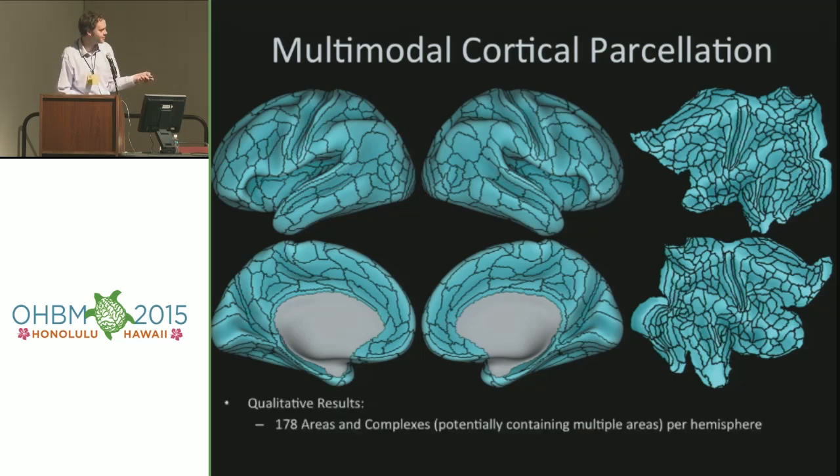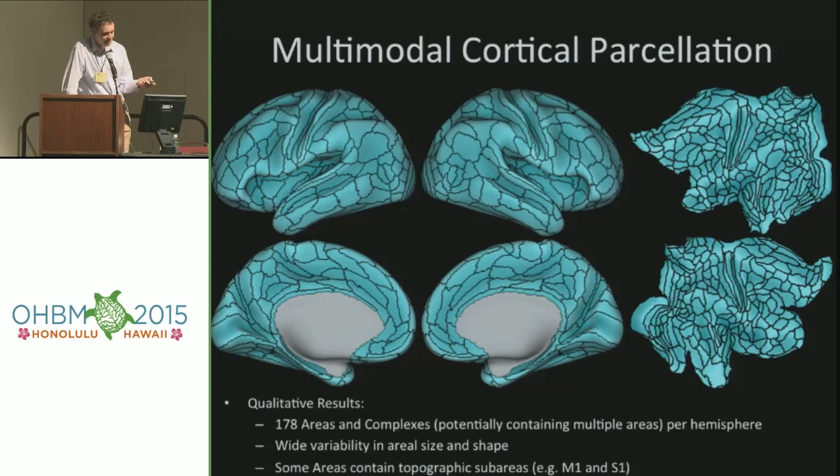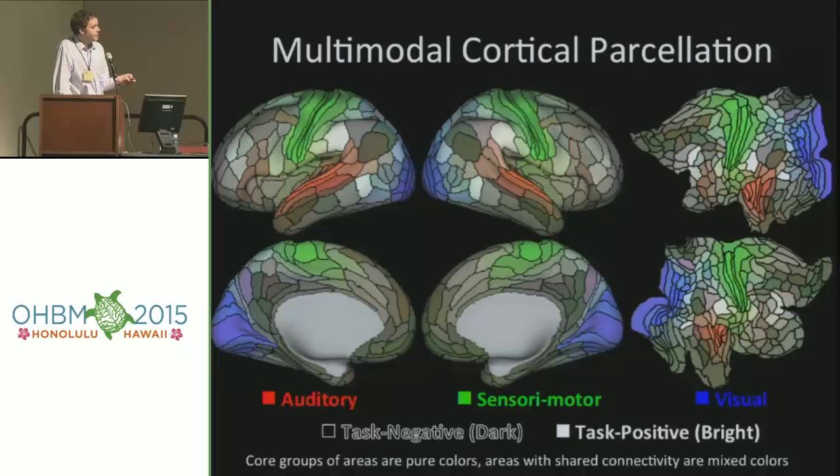So qualitative results, we found 178 areas and complexes, potentially containing multiple areas per hemisphere. We got wide variability in areal size and shape. And we got some of these topographic sub-areas. So here we've colorized the parcellation based on the 3 main input streams to the brain, visual, auditory, and somatosensory, are blue, green, red.